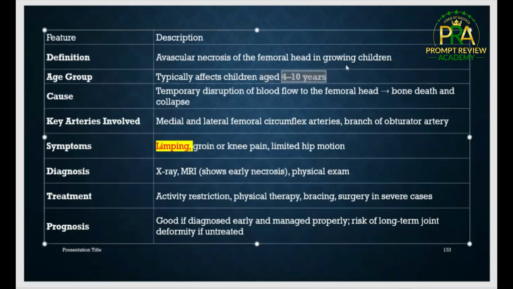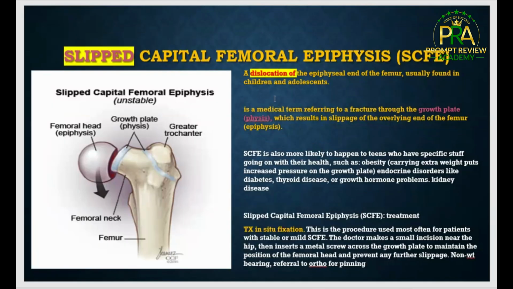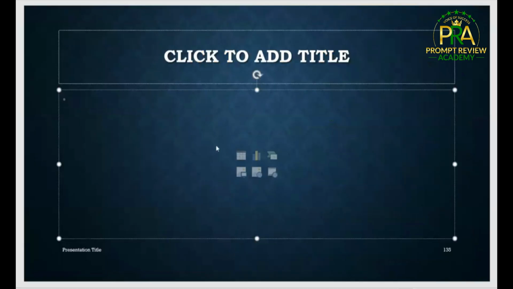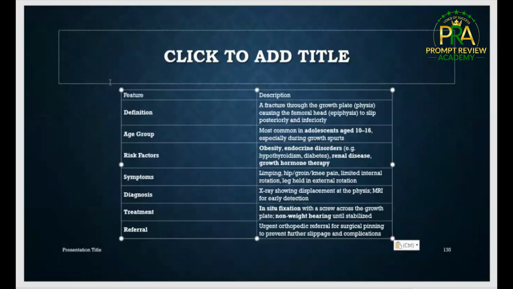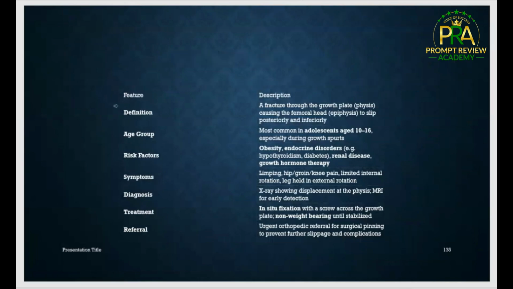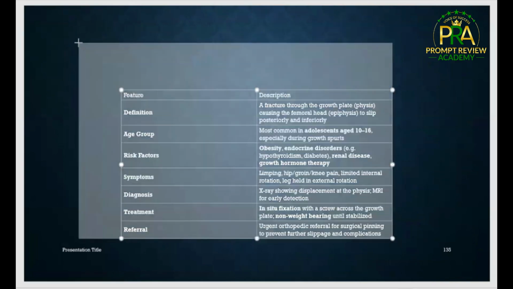Okay, let me highlight it again. Slipped capital femoral epiphysis is a dislocation of the epiphyseal end of the femur. So you can also say it is a fracture through the growth plate. And when it happens, there are other things that can be the cause. The summary of whatever I'm saying is this, because sometimes I like to represent things in a table for more clarity.